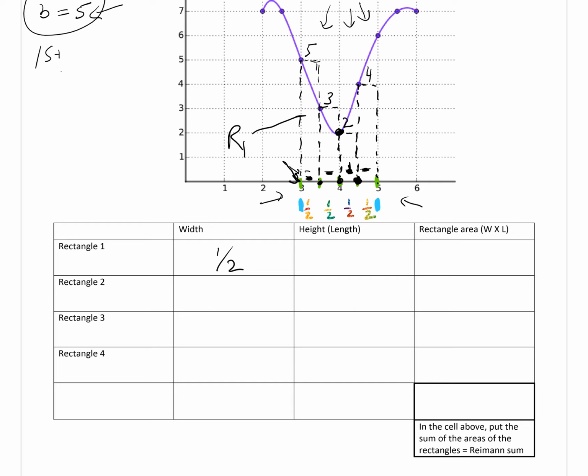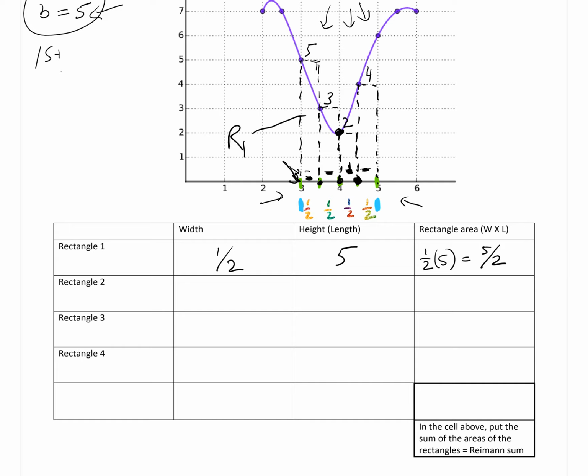But for rectangle 1, the width is 1/2, and the height is 5. So, you can see why we want to call height here as 5, but more in rectangle formula terms, that's length times width, or width times length. It's going to be the rectangle area. So 1/2 times 5 equals 5/2.